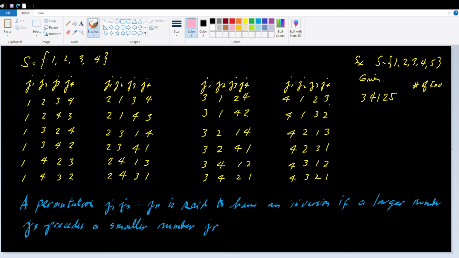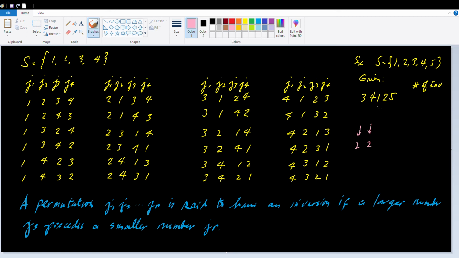For the number 4, 4 precedes the number 1, and 4 is greater than 1, so that is one inversion. 4 precedes the number 2, another inversion. 4 precedes 5, that is in the natural order, so there is no inversion. So for 4, there are 2 inversions.